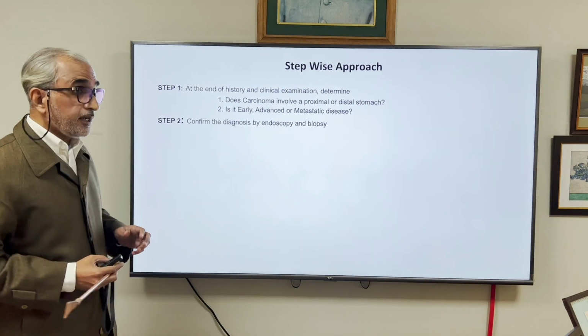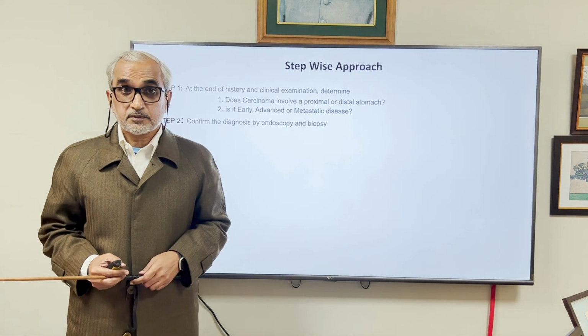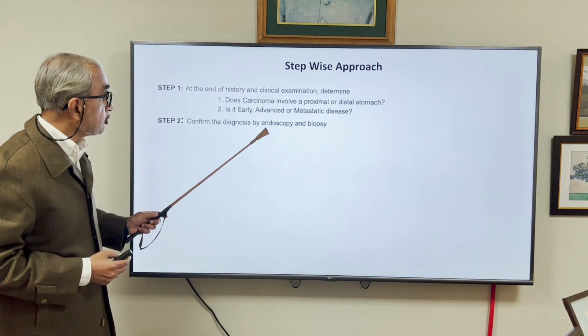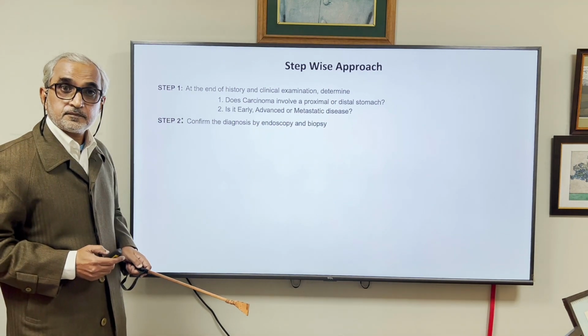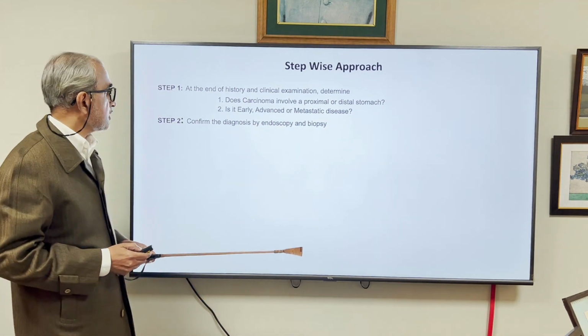Then the second step would be to confirm the diagnosis by means of endoscopy and biopsy that it is a case of carcinoma stomach.